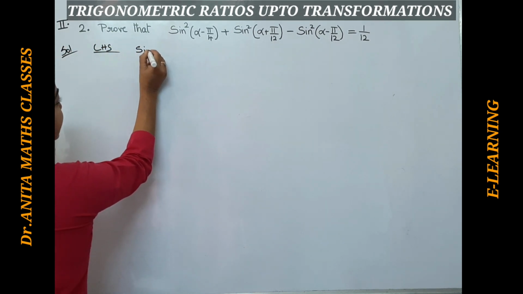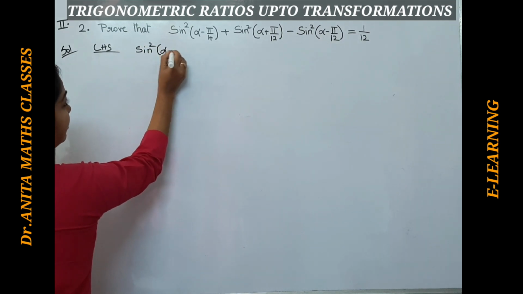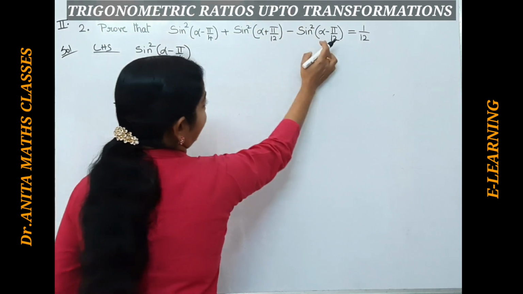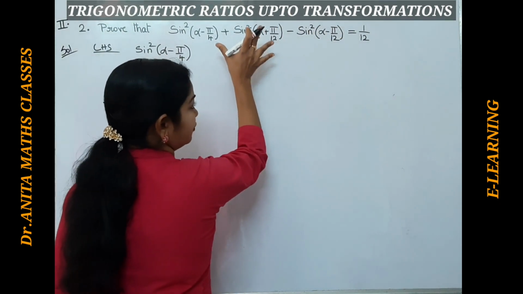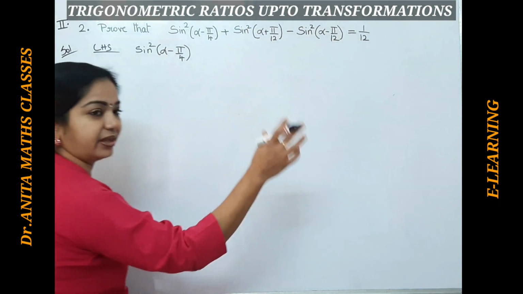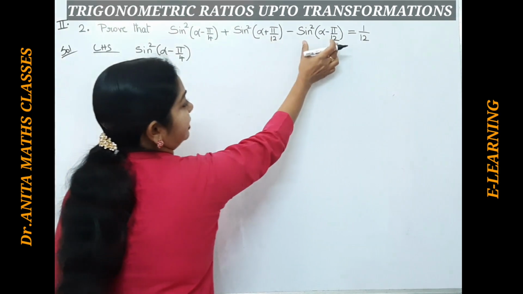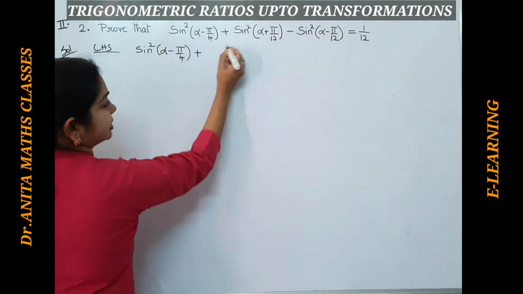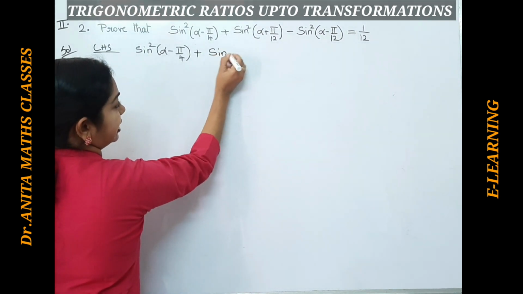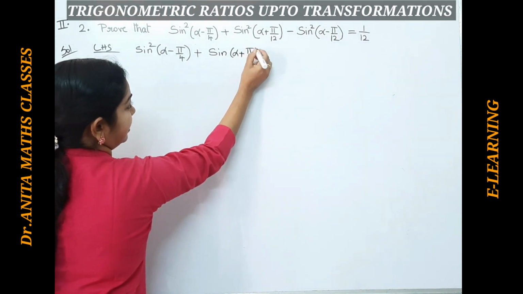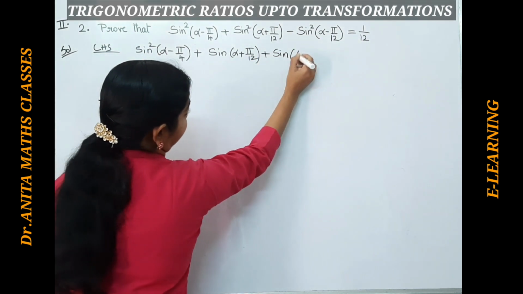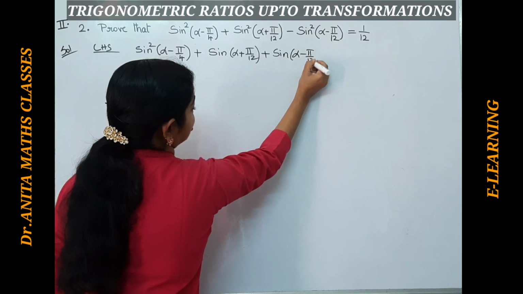So, the sine square alpha minus pi by 4. Here this a square minus b square, I will expand it into the form of a plus b into a minus b, where a is this and b is this. So, this is plus, so sine alpha plus pi by 12, a plus b, sine alpha minus pi by 12.